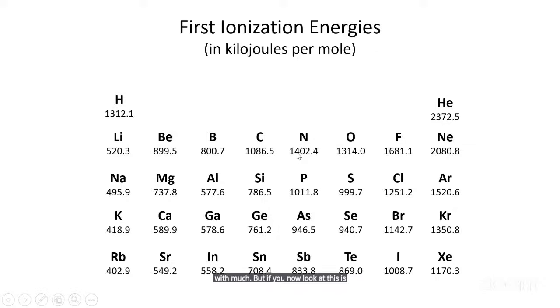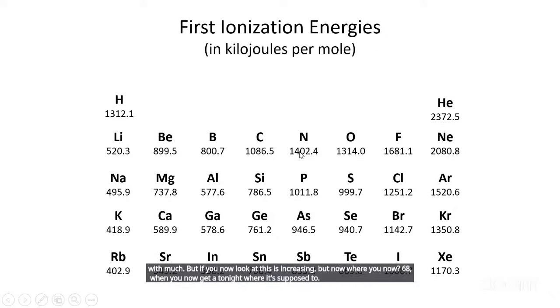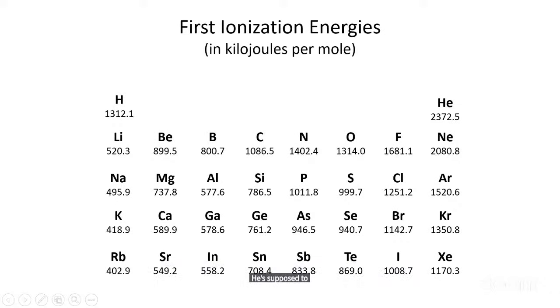Across the period, the trend is increasing. But when you get to nitrogen, it's supposed to increase, but the value is now very, very high. Why? Because of what we call half-filled stability. Nitrogen has the p3 electronic configuration.